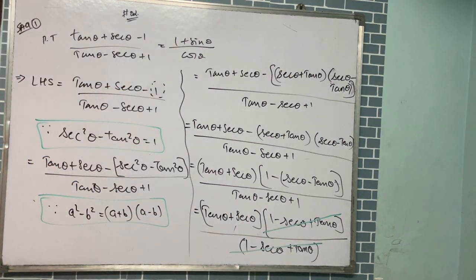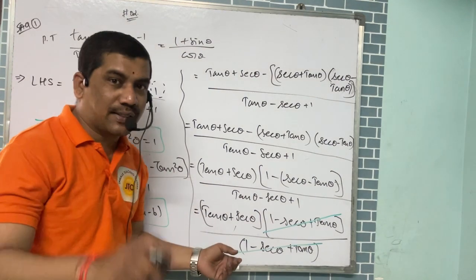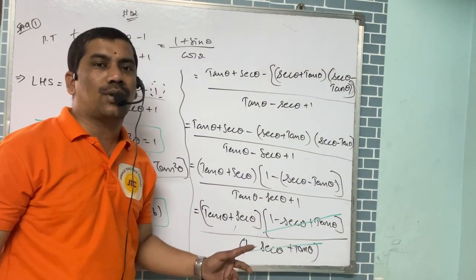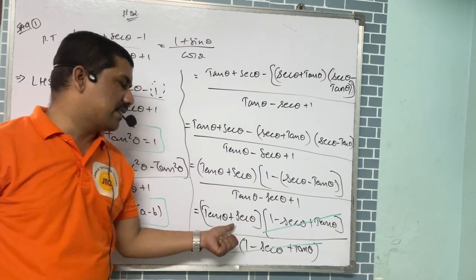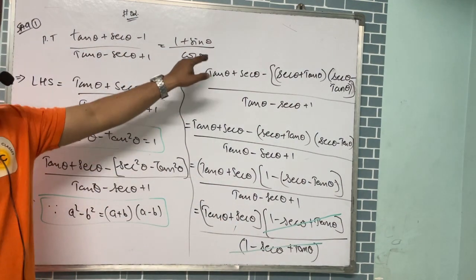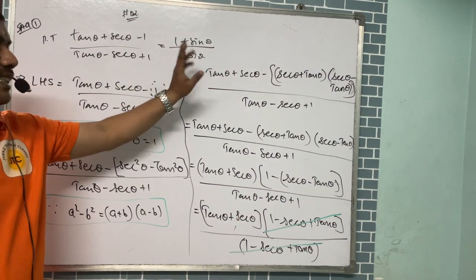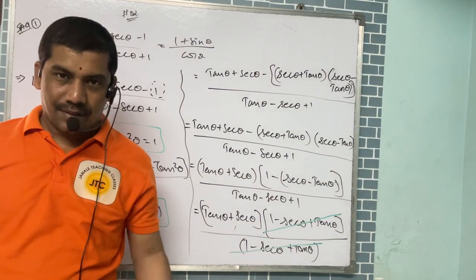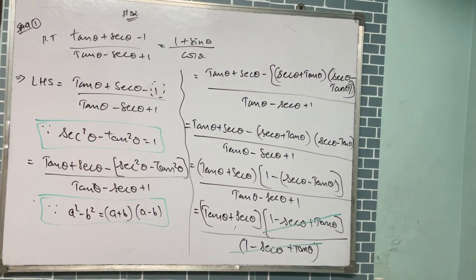From here, it is exactly your 10th class question. You might have solved it already. In 10th, you have exactly the same question: tan theta plus secant theta, prove that it is 1 plus sin theta by cos theta. Let's see, we'll get it. Observe for a minute, everyone.